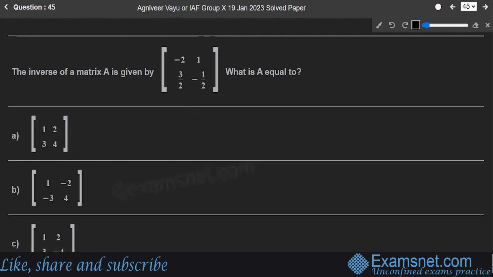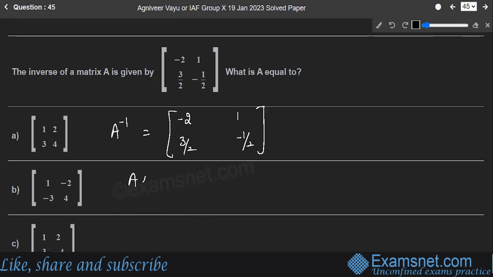The inverse of a matrix A is given by this. What is the matrix A equal to? This is a square matrix, right? The square matrix, handling them is pretty easy. So the inverse is given by this. That means you are given A inverse is [-2, 1; 3/2, -1/2], right?